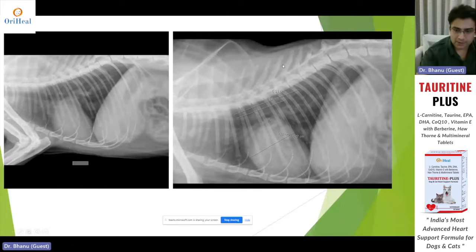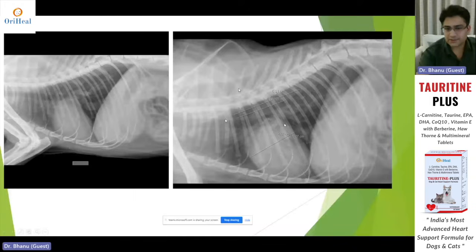So in this, you can appreciate the dilatation of the heart, generalized cardiomegaly. Over here, you can also appreciate the enlargement of the left atrium. So the left atrium is here. You can see the arrow on the screen. This is the left atrium, and this is also dilated.